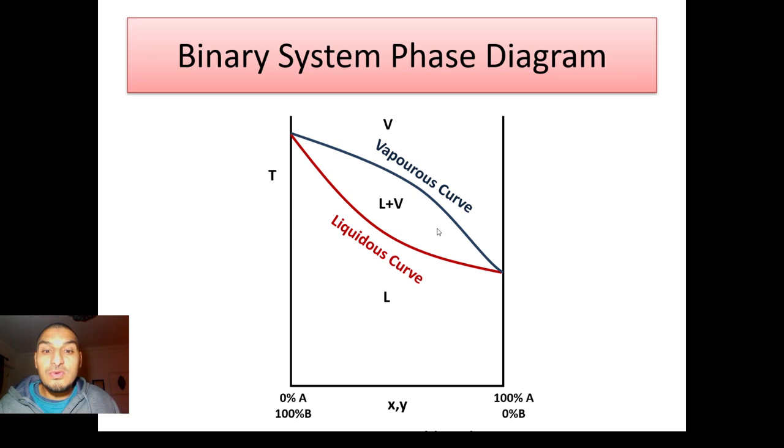So it's very useful for flashing, for distillation, or any other method of separation that depends on the difference in boiling points. So it's important for us to know how to get the vapor curve and how to get the liquid curve. And to do this, we pick any composition, let's say this, and then we calculate a point that lies on the liquid curve and the point that lies on the vapor curve.